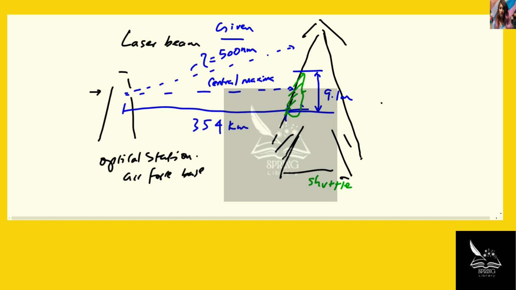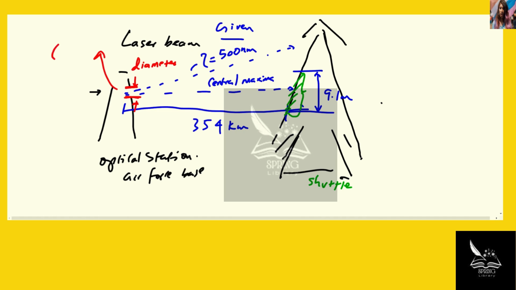Our goal in this particular problem is to determine this opening right here, this opening in the optical station. We're looking for that gap, that diameter. That's what we're looking for.